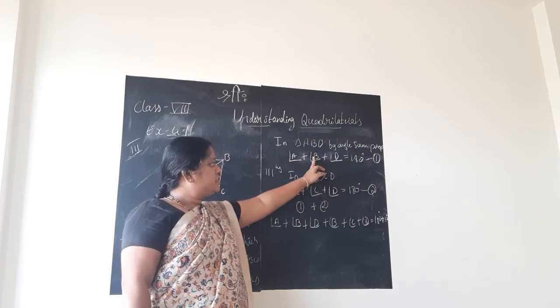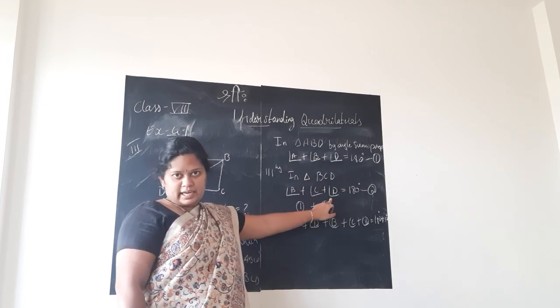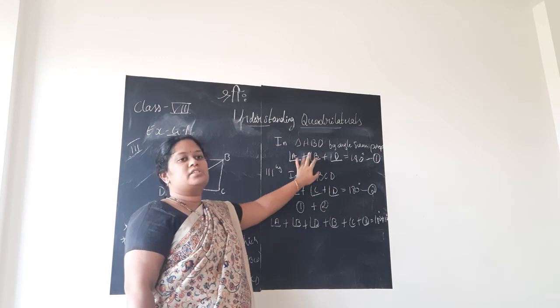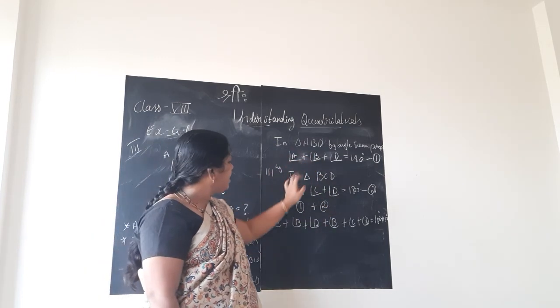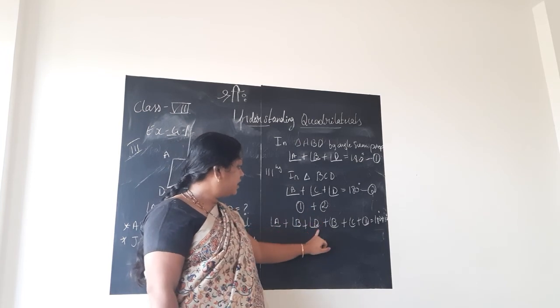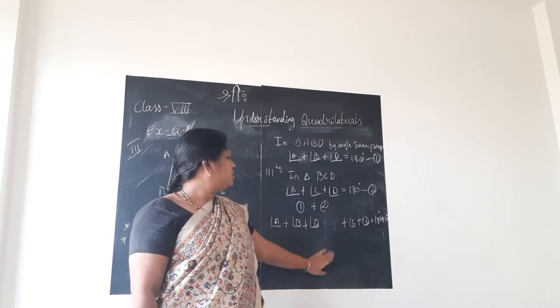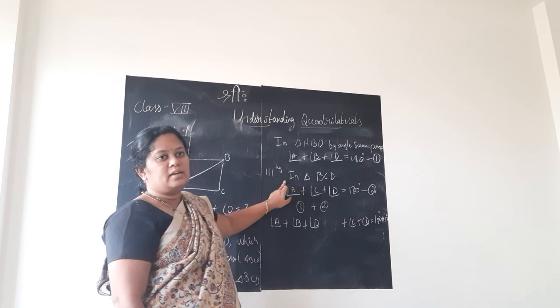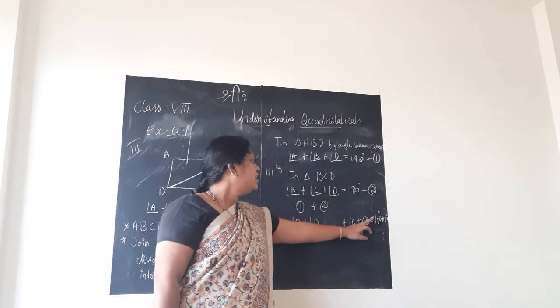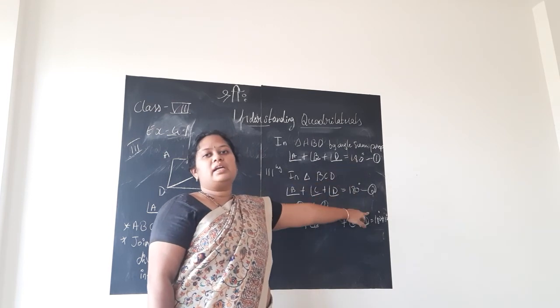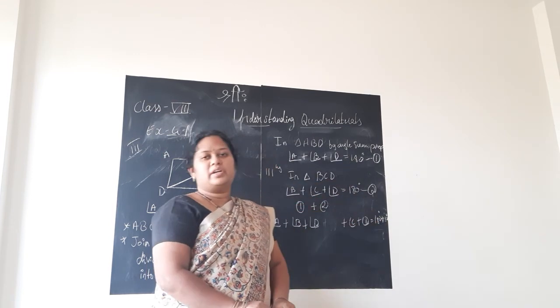We are adding equations 1 and 2. Equation 1 LHS we have angle A plus angle B plus angle D. In the second triangle BCD, which are the angles? Angle B, angle C, angle D. RHS separately if you add 180 degree plus 180 degree.